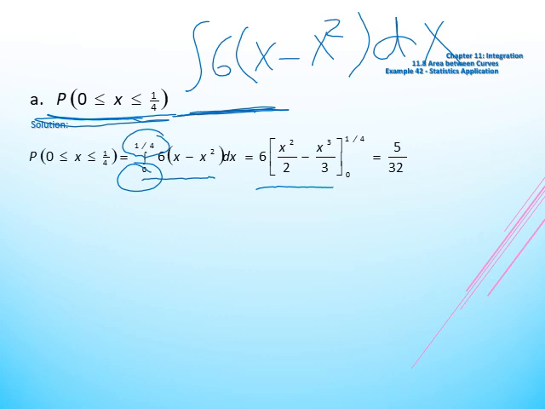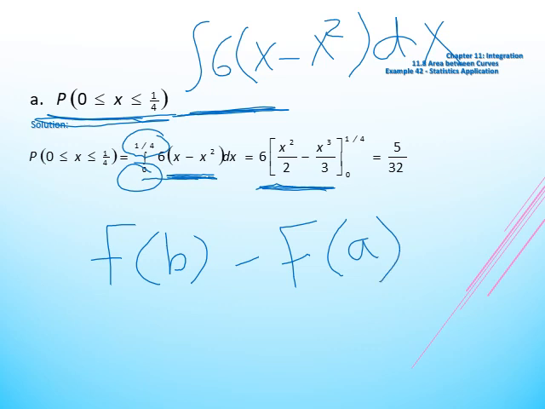So 6 is outside the brackets, and when we apply the integration rule, it will be x squared over 2 minus x to the power 3 over 3. Then we will substitute using F of b minus F of a. I mean, we will substitute with F of 1 over 4 minus F of 0.